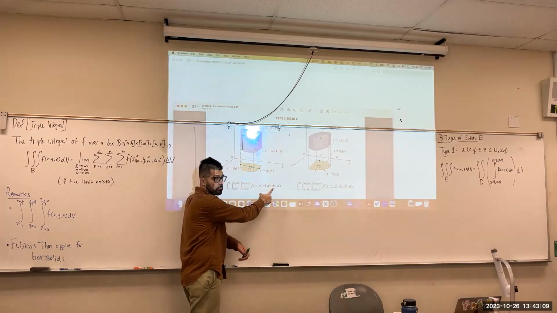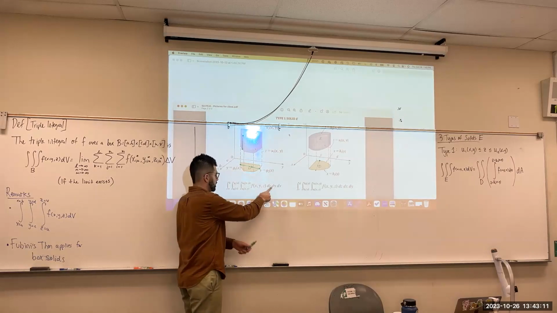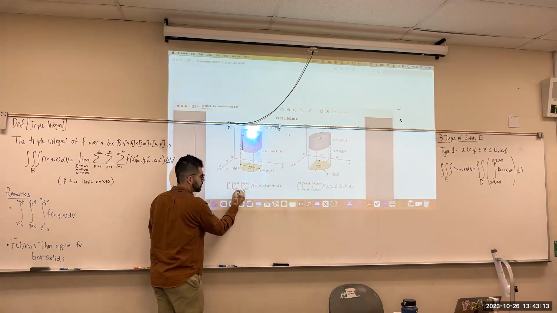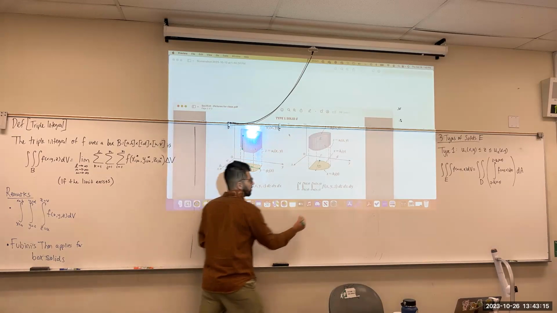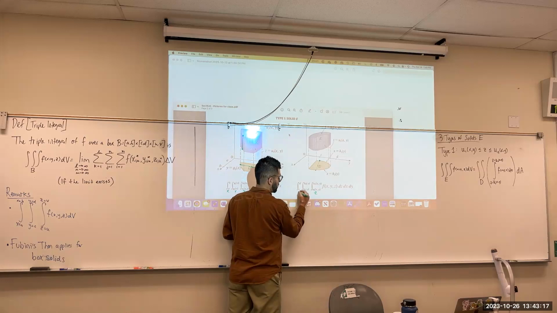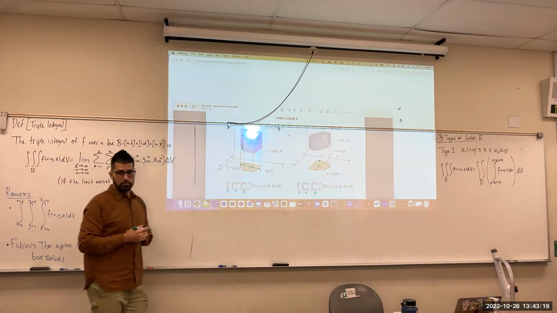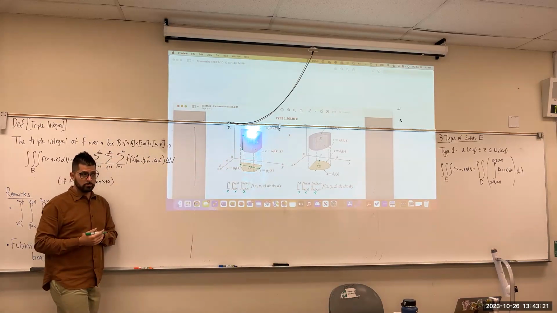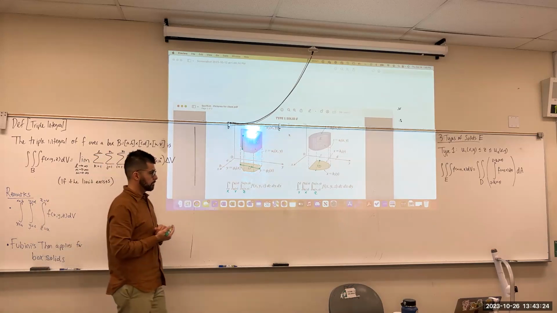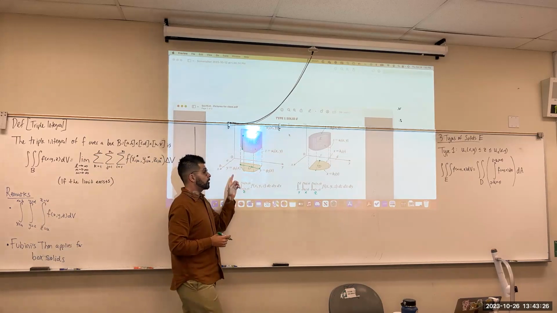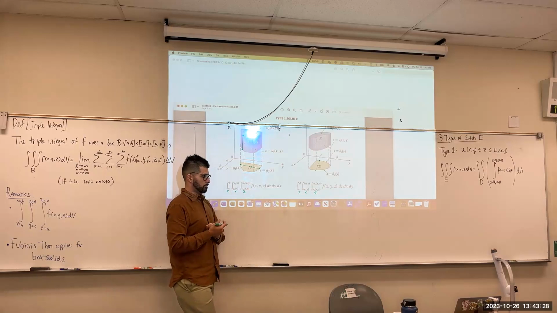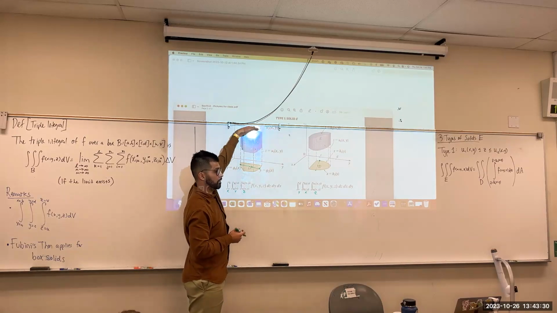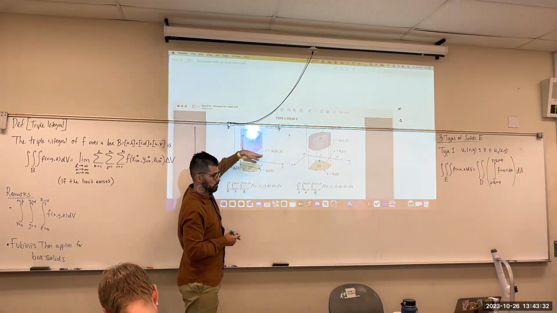Okay? So this is in terms of z, this is in terms of y, this is in terms of x, while this one is z, x, and then y. That way you can keep track of the order. So the first variable we have to integrate should be z for a type 1 solid, because z is what's being bounded first by these two surfaces. Okay.